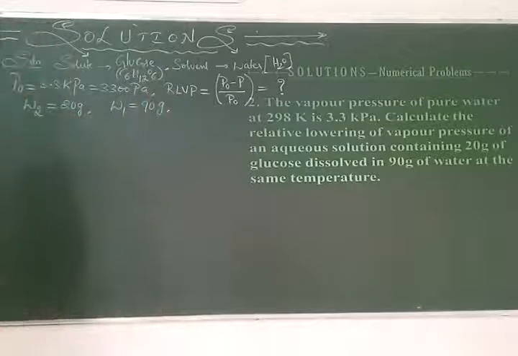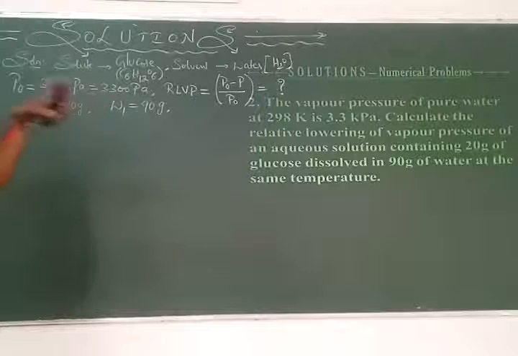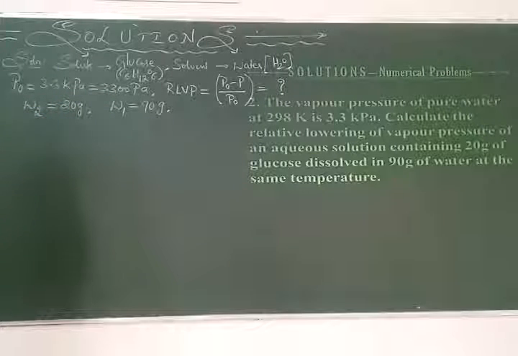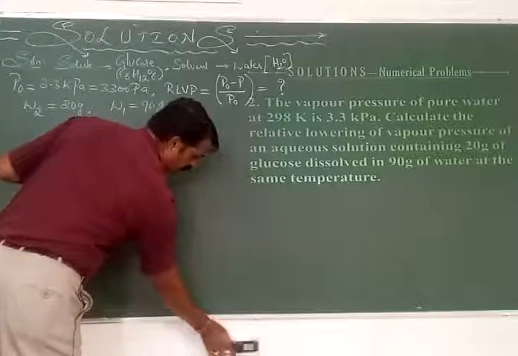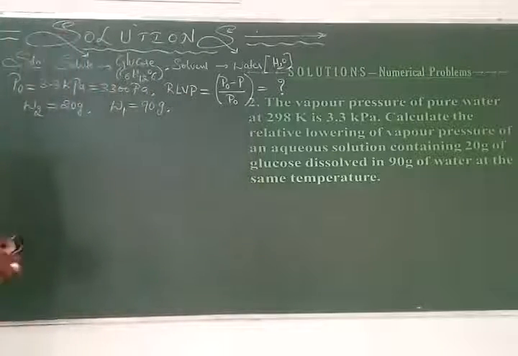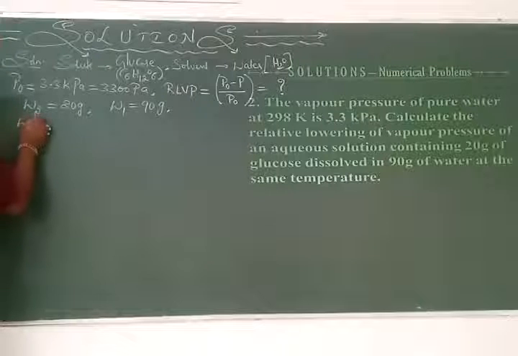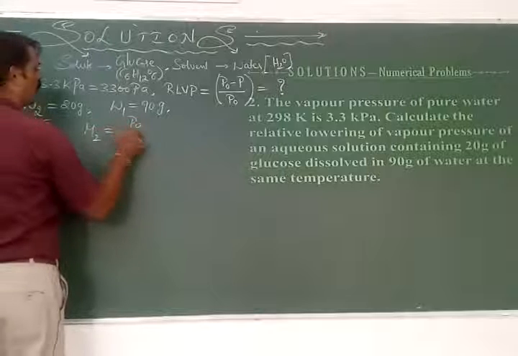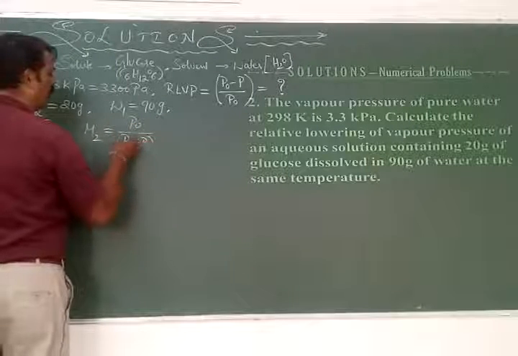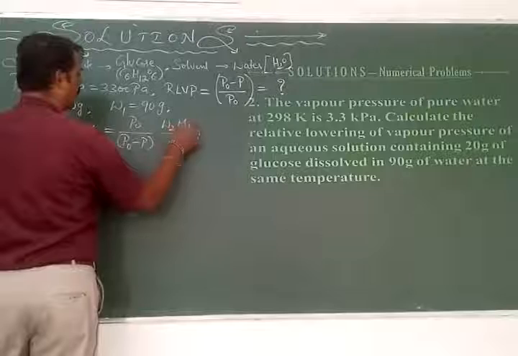Okay. So calculate the RLVP, the relative lowering of vapor pressure. First, what is the formula? M2 is equal to P naught divided by P naught minus P, into W2 M1 divided by W1.